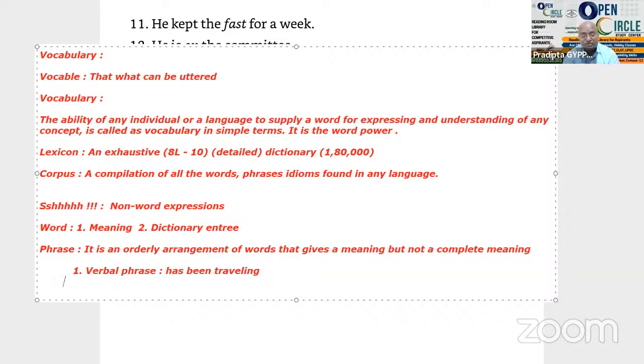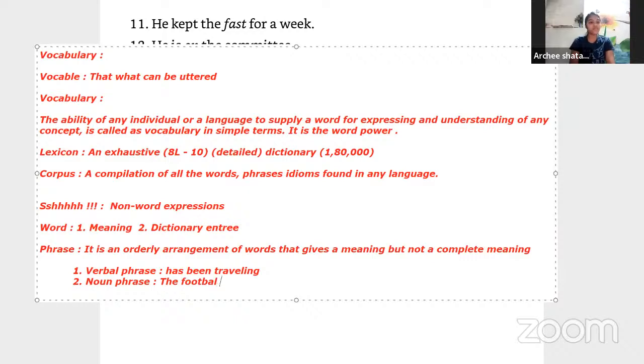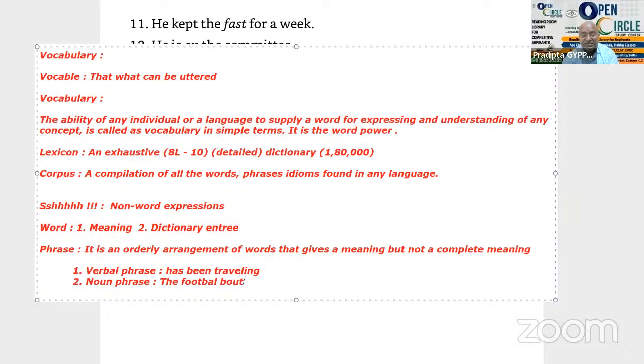The phrase could also be a noun phrase. Noun phrase, as the name suggests, it would be used as a naming word, like the football bought by me.